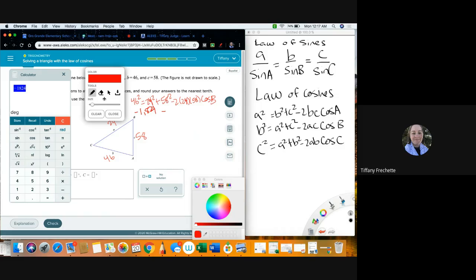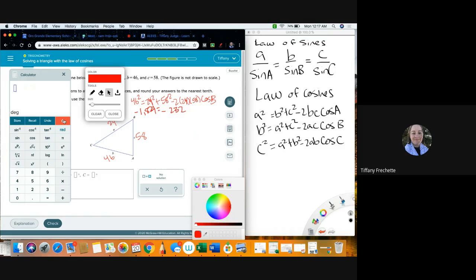Minus, and I'm going to put this in now. If I want to have the negative number on there, I have to make sure I hit -2 times 24 times 58 equals. Okay, so I have negative 232. That doesn't look right. Hold on.